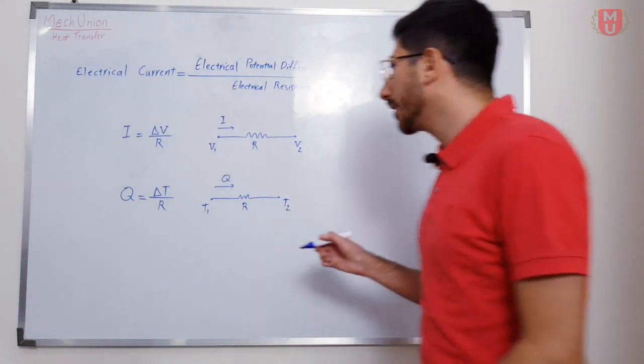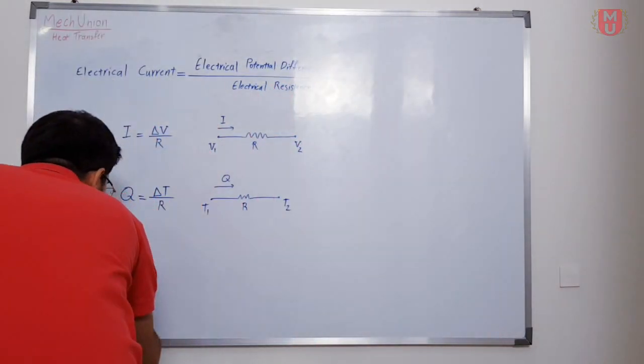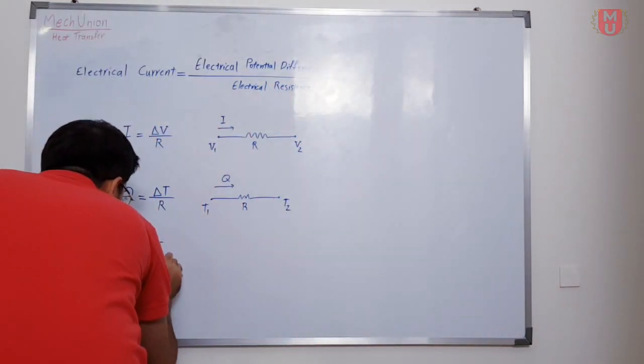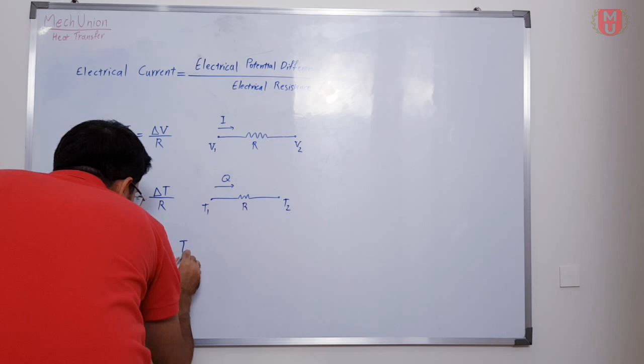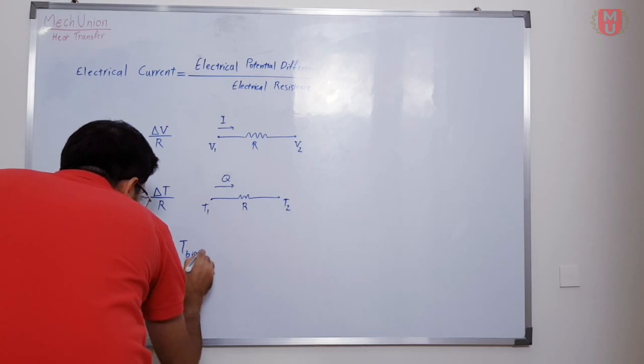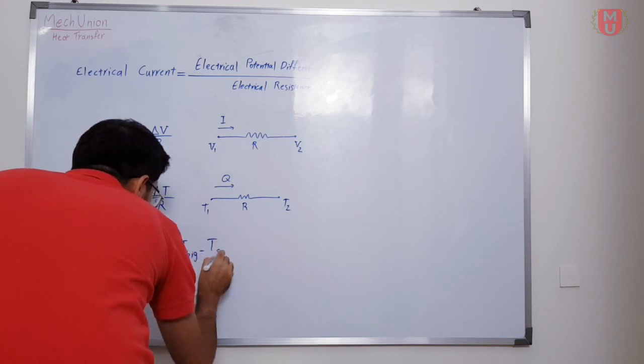Notice that delta T in this formula is T big minus T small.